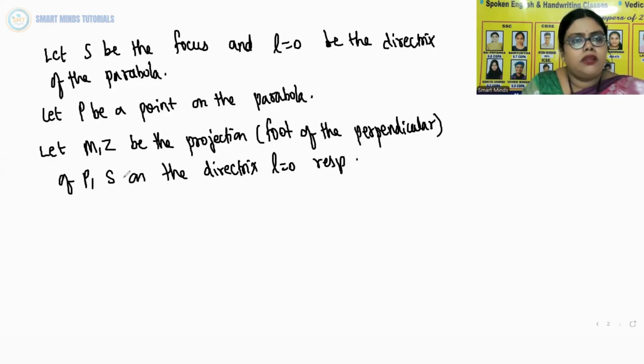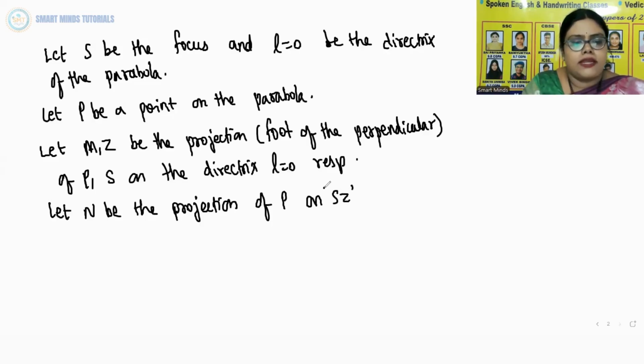Projection means what? Foot of the perpendiculars. So what does it mean? M is the projection. Look at the figure. M is the projection of P and Z is the projection of S. Projection is nothing but image. Okay. Now let N be the projection of P on SZ.